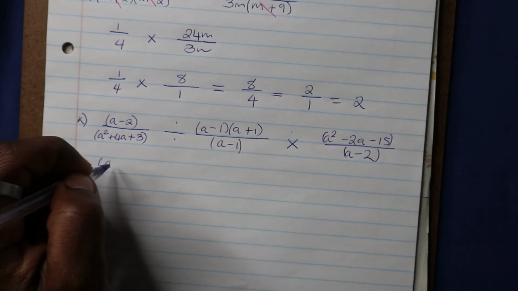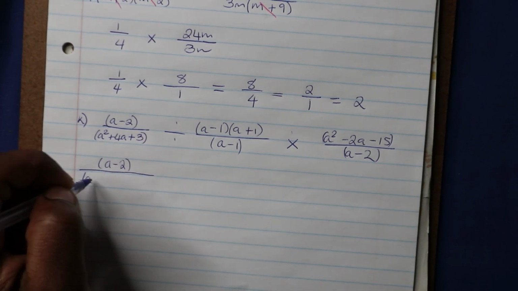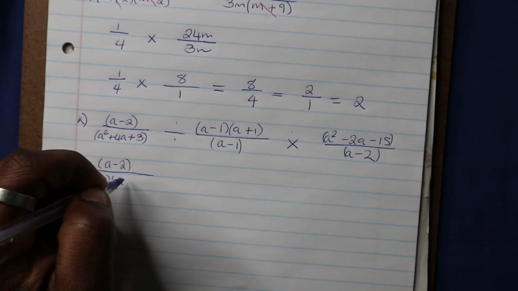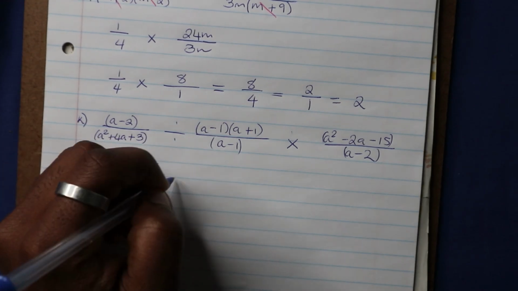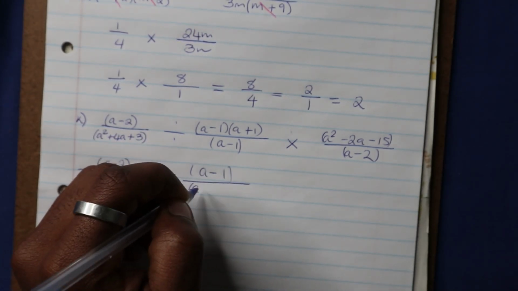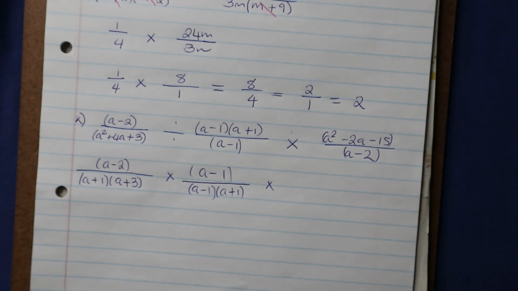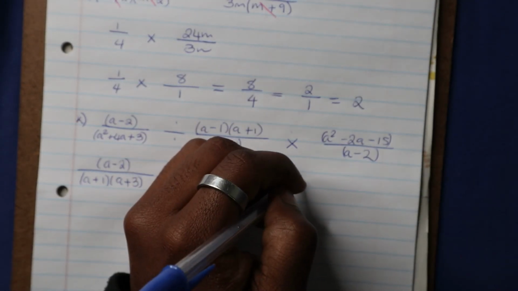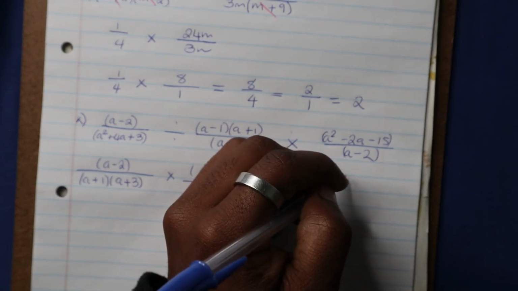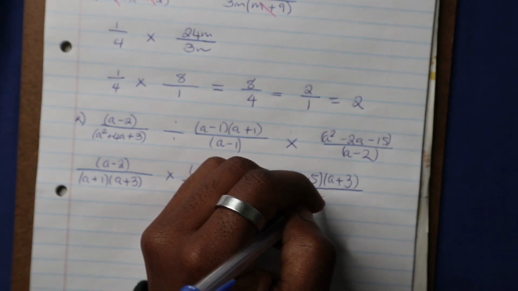So here we have an a minus 2, and then in this situation we're going to have an a plus 1, an a plus 3, times a minus 1 over a minus 1, a plus 1, times here we're going to have an a minus 5, a plus 3 over a minus 2.